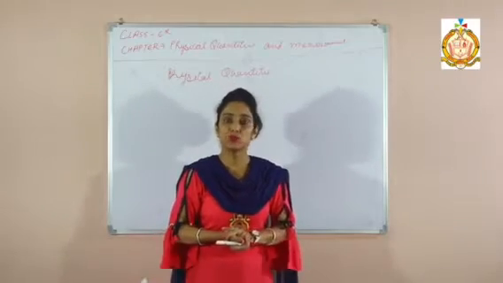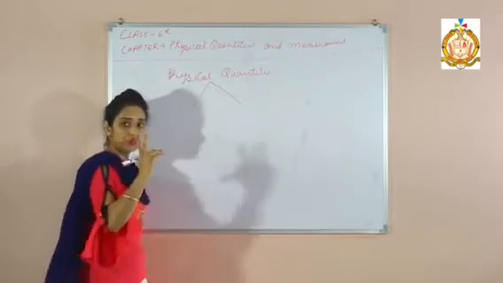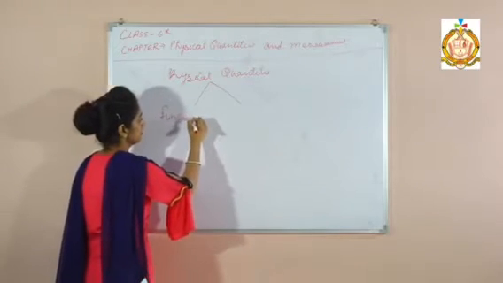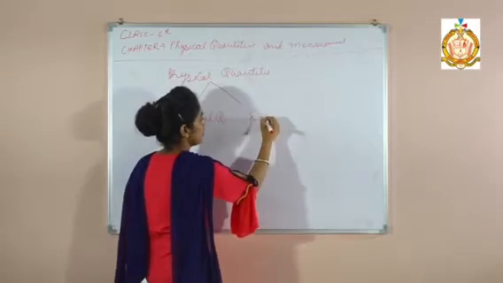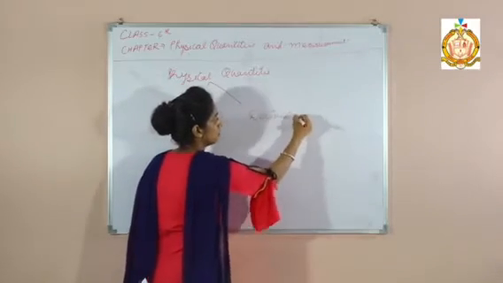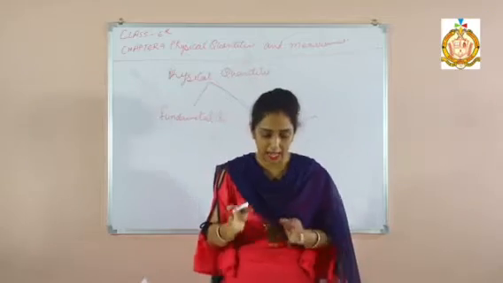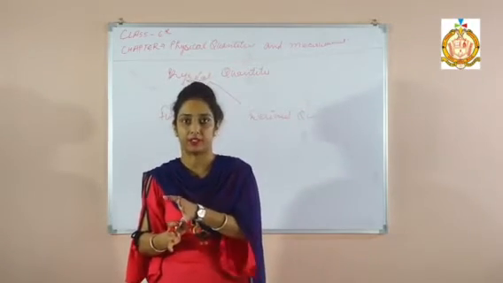Now the types of physical quantity. Physical quantities are of two types. One is fundamental quantities and the second one is derived quantities. Fundamental quantities are those quantities which do not depend upon another quantity.